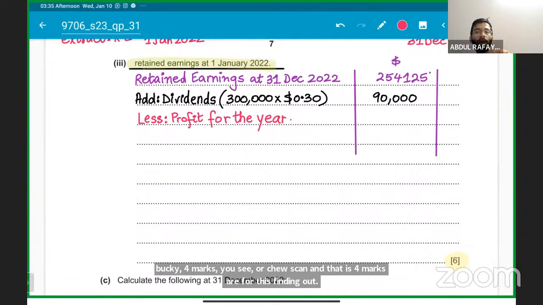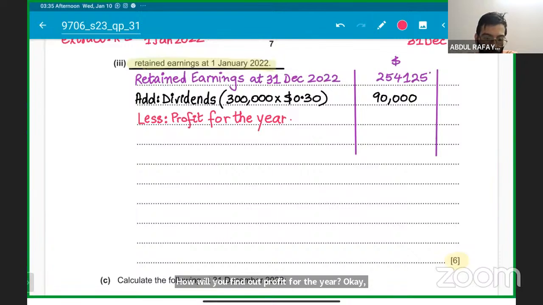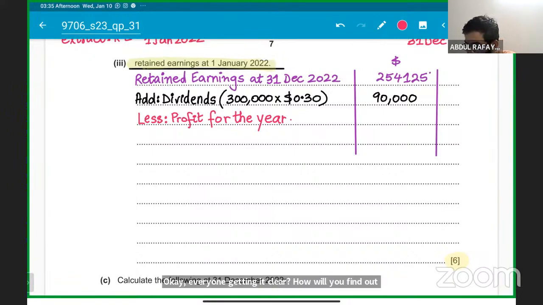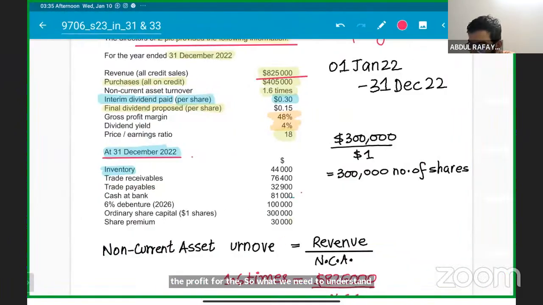Everyone with me? Now comes the most important part of this question, that how will you find out the profit for the year? Okay, understood? So what we need to understand is that they haven't given us revenue, purchases and those things, and they haven't given us expenses and these things.